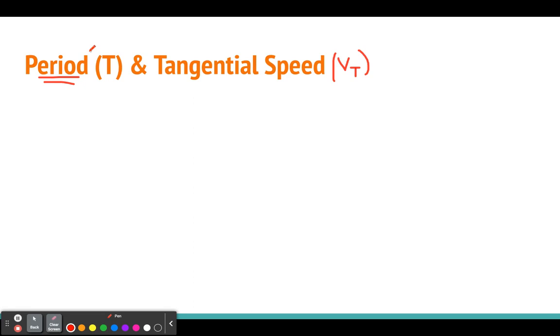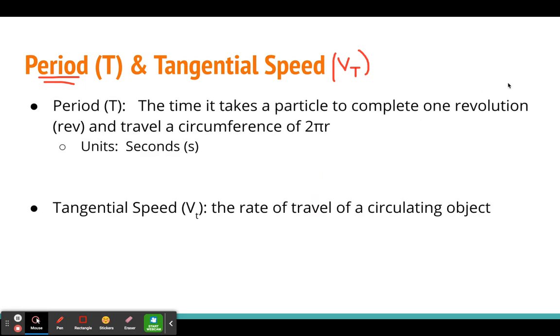We're talking about period in terms of rotation. Period is the amount of time it takes for that object to complete one revolution. Period itself, which we use capital T as a variable to represent, is the time it takes the object to make one revolution, meaning it has traveled 360 degrees or 2 pi radians.